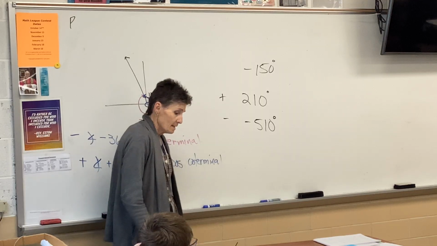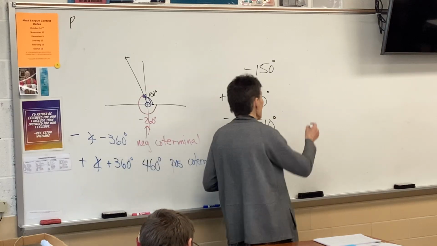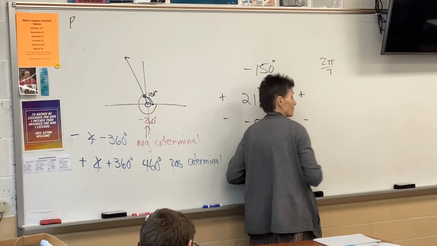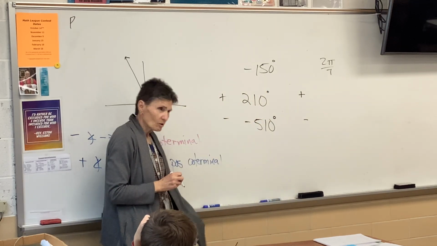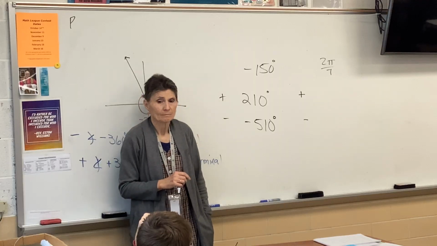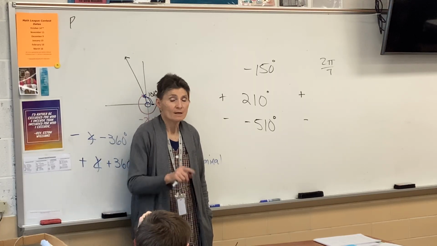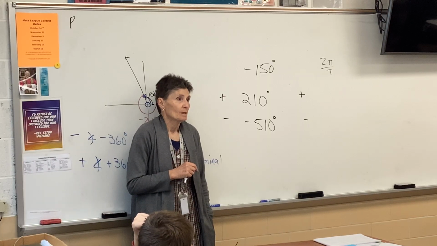Okay. Now, what about B? The angle is 2 pi over 7. Any thoughts on that? Now, we're not going to change it to degrees. We're going to do it in radians.